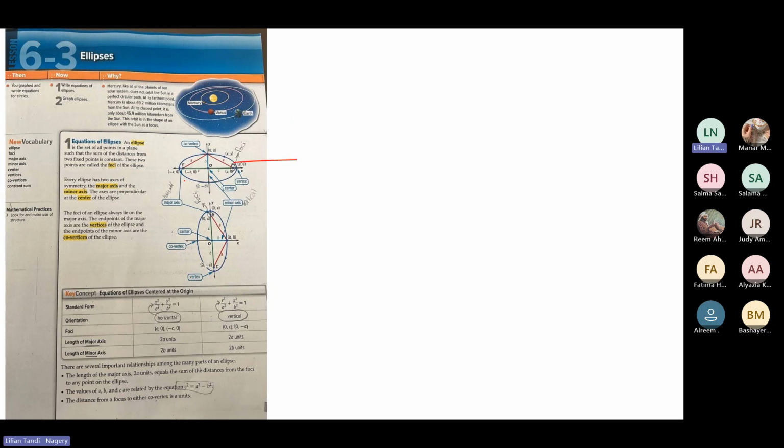Because it goes longer on the x-axis. So this one is horizontal, and this one is vertical. You can clearly see it's longer on east and west, or left and right, and this one is longer on north and south, or up and down.